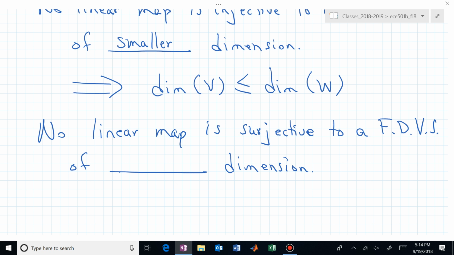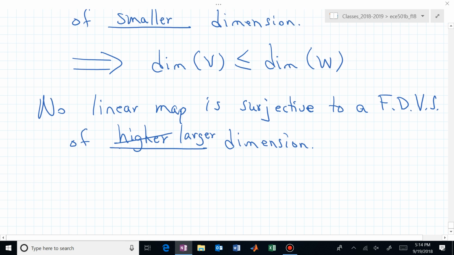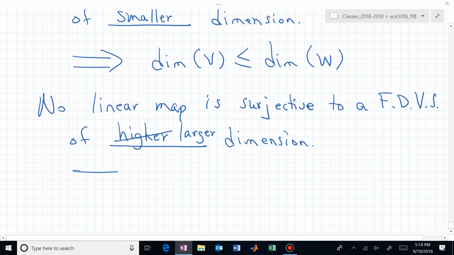No linear map is surjective to a finite dimensional vector space of higher dimension or larger, whatever you feel more comfortable saying. So what does that do for our dimensional relationship on W and V, where W is the output dimension and V is the input dimension?